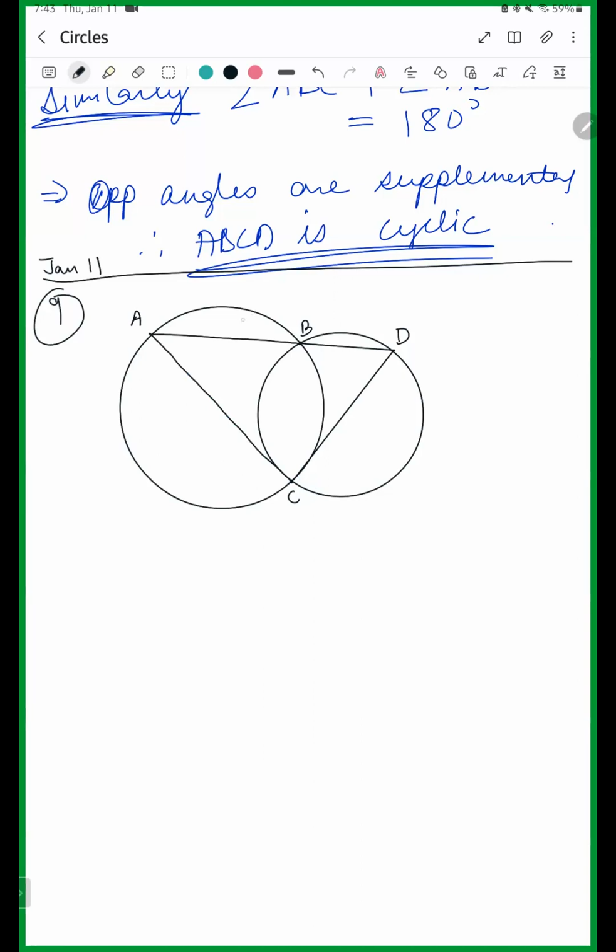Here we have... what is this? Just a minute. Okay.